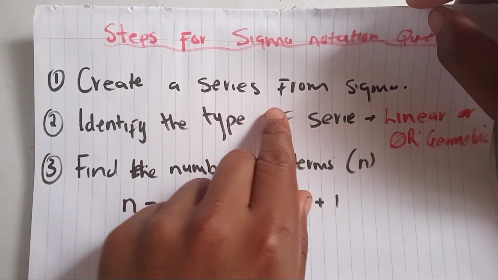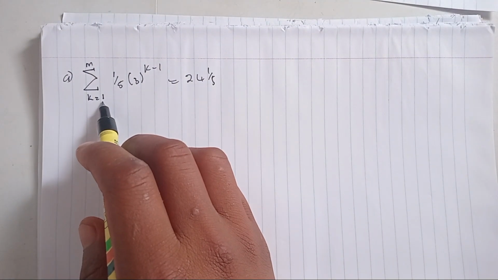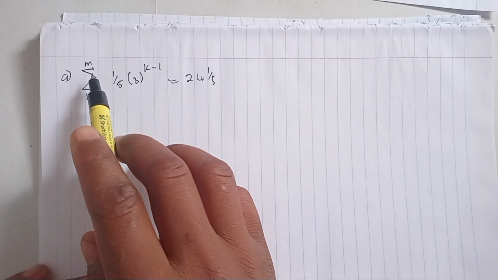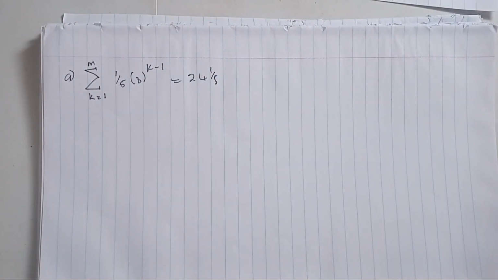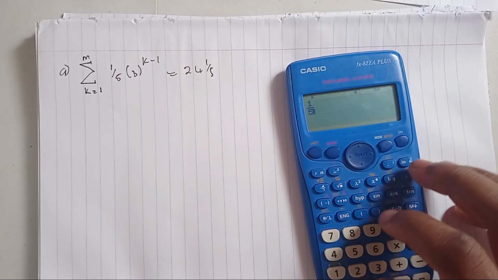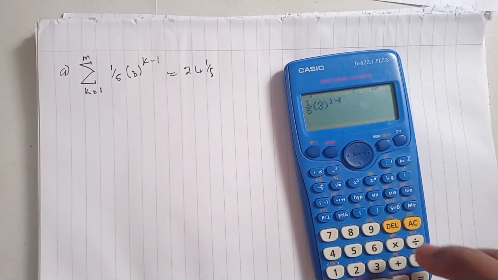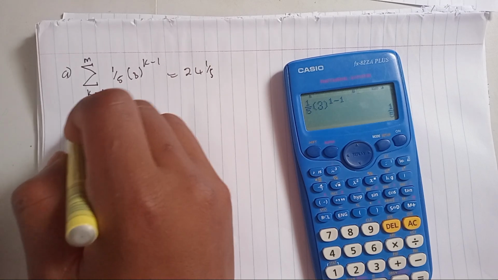So the first thing that we have to do is create the series from the sigma notation. Let's do that. Our first term is going to be when k is 1, and we add from the first term till the m term. When we put 1 here, we're going to have 1 over 5 into 3 exponent 1 minus 1, so the first term is 1 over 5.